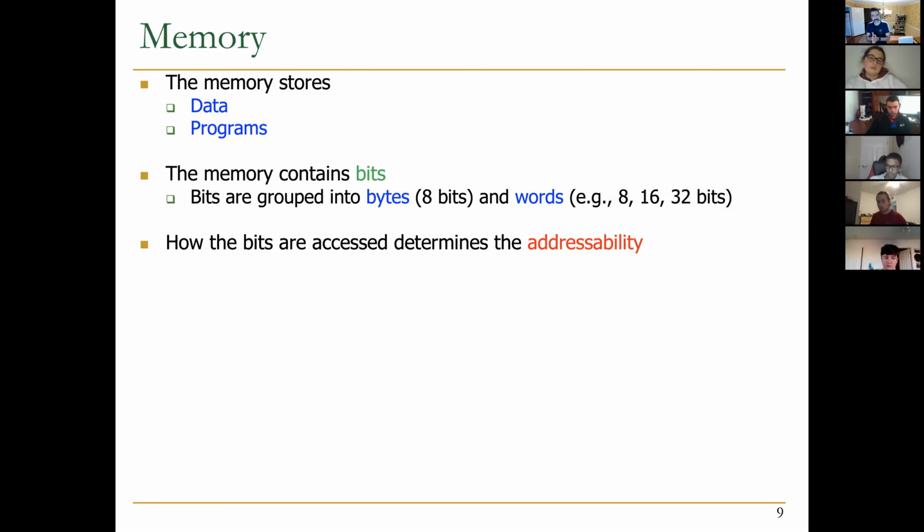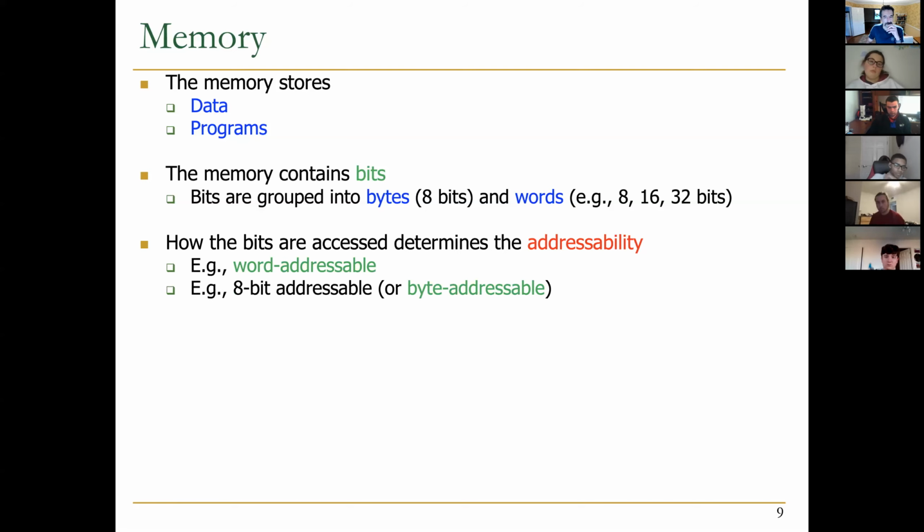The size of a word really depends on a particular microprocessor. This is the way you address memory, so you need some addressability. You have different models for addressing memory. You have word addressable memory, which depends on the size of each word. It could be 8 bits, 16 bits, or 32 bits.